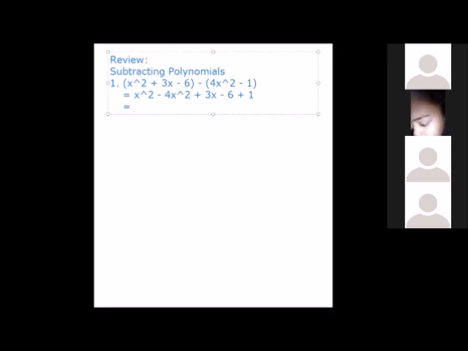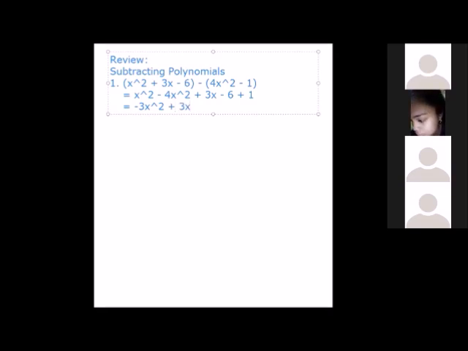And can you share with us? Yes, ma'am. x squared minus 4x squared is equal to negative 3x squared. Yes, you got it right. So negative 3x squared. Again, we just copy 3x, the term which only has the x variable.